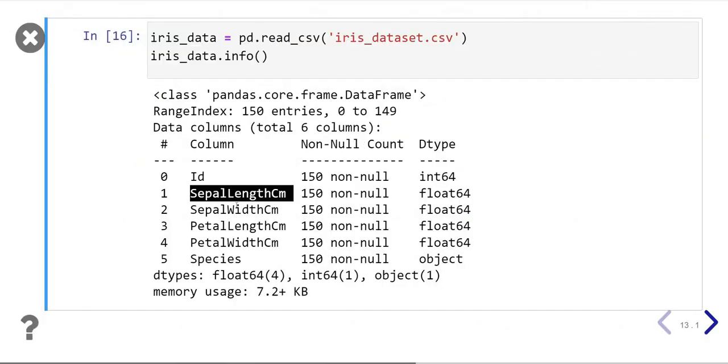Going back here, each species will have a certain sepal length and width, petal length and width, and also what their species is. And we also have this ID.